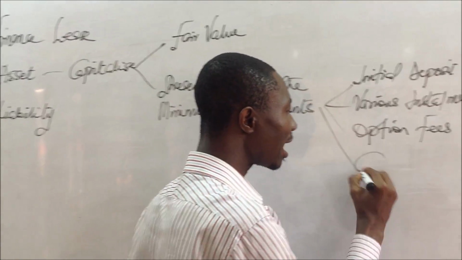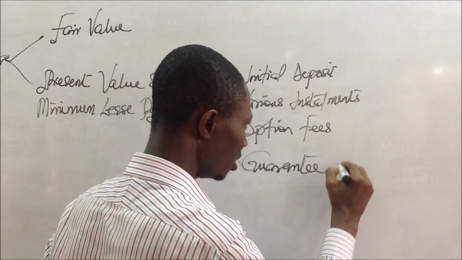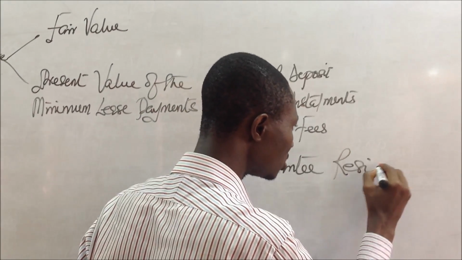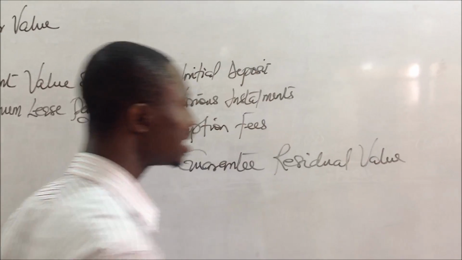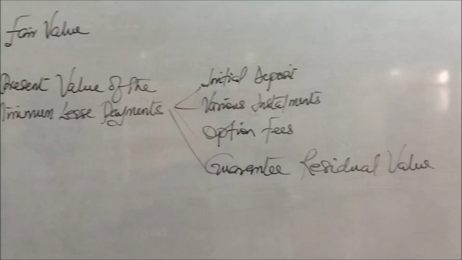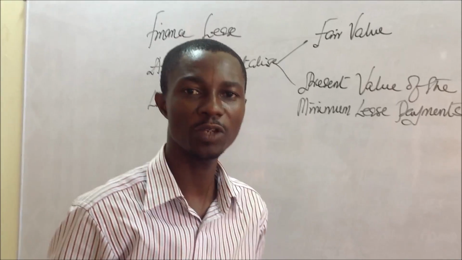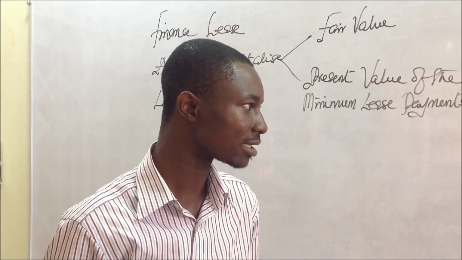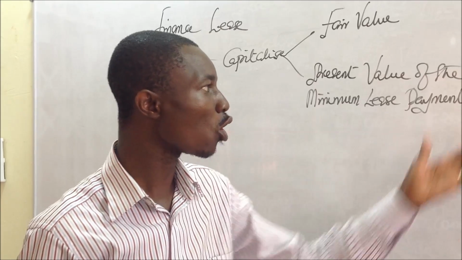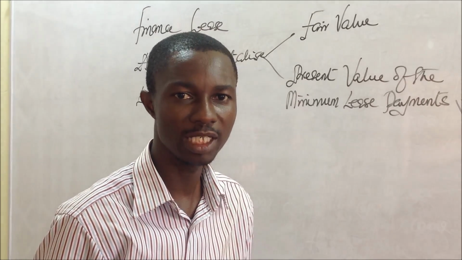Sometimes there's what we call guaranteed residual value, which is the minimum value that the lessee will assure the lessor of for the asset in the event of the lease coming to an end. So all these amounts will be put together, and that is what we call the minimum lease payment.